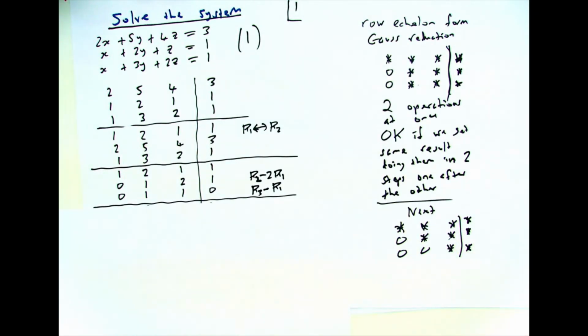So if we row reduce to row echelon form, that means every row must start with more zeros than the one before.